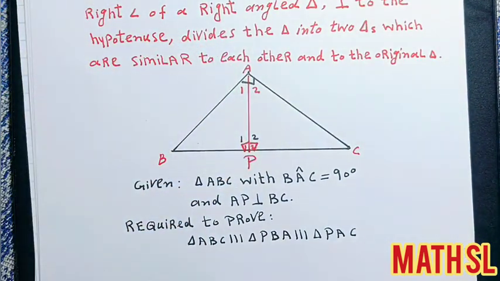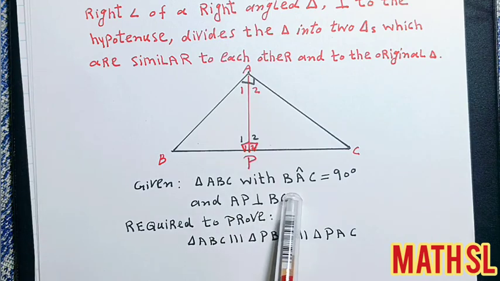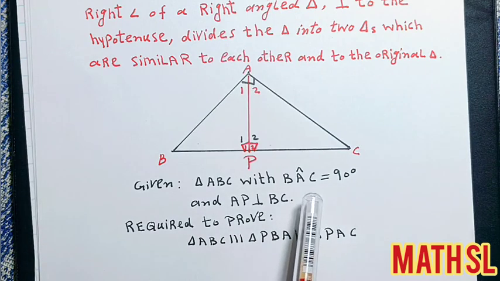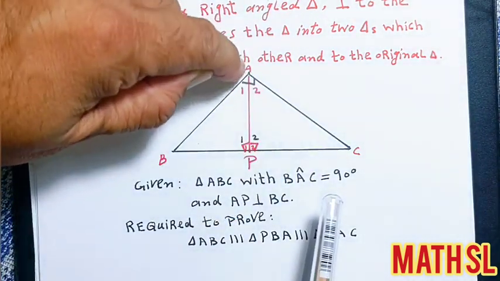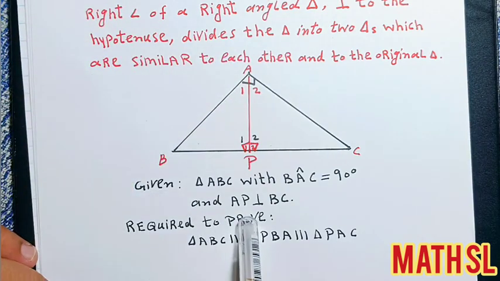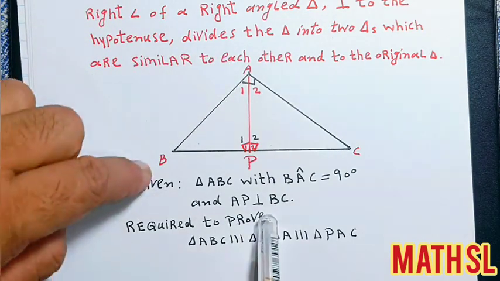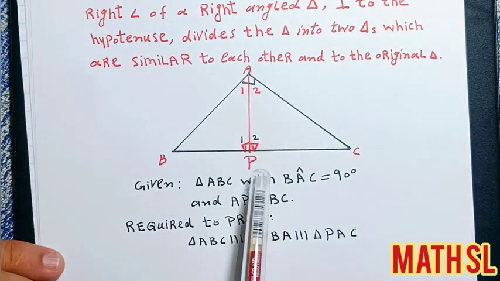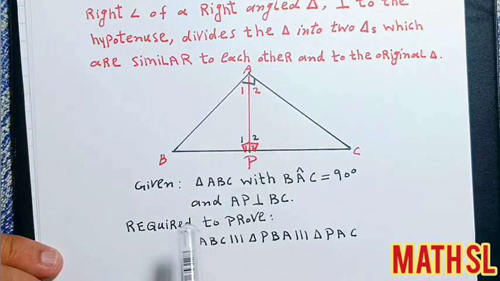This triangle has been given to you: triangle ABC with angle BAC equal to 90 degrees, and AP, which is this one, perpendicular to BC, on the left hand side as well as the right hand side.